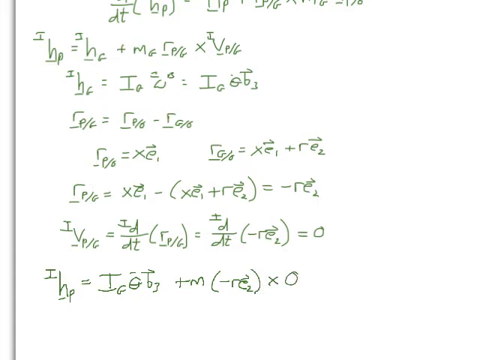So it means that this entire term goes to 0. And so our angular momentum about point P is equal to our angular momentum about the center of mass, and that's equal to the moment of inertia, theta dot, in the B3 direction.